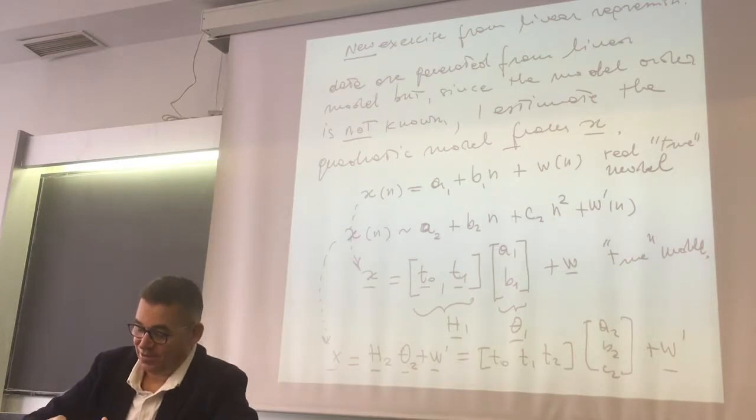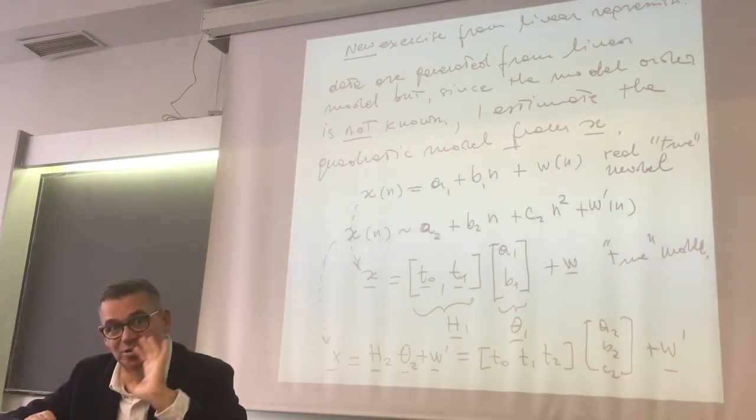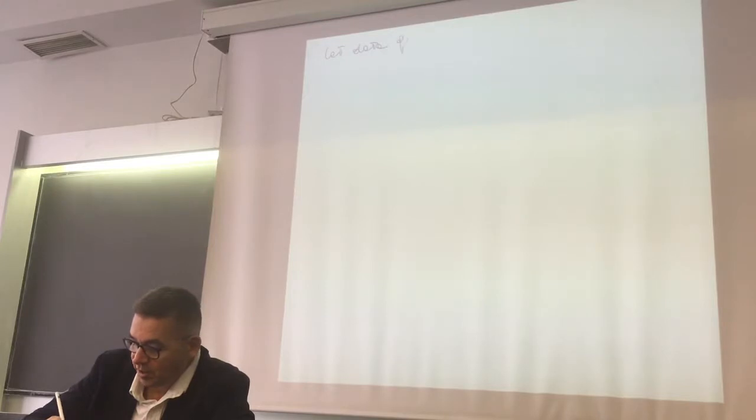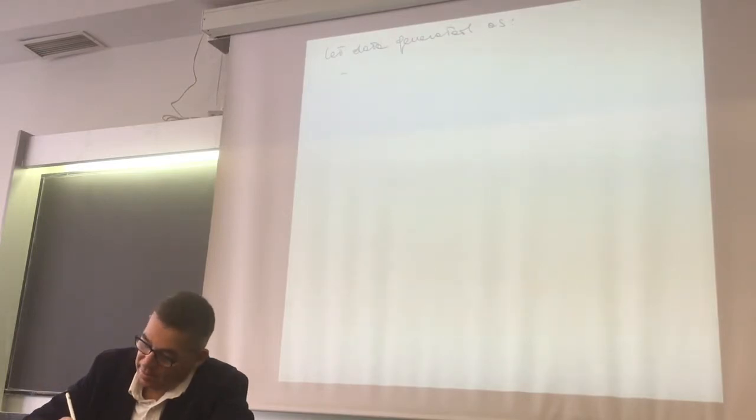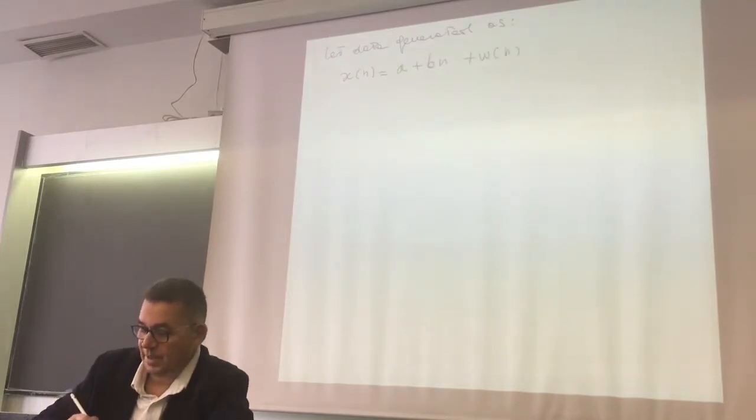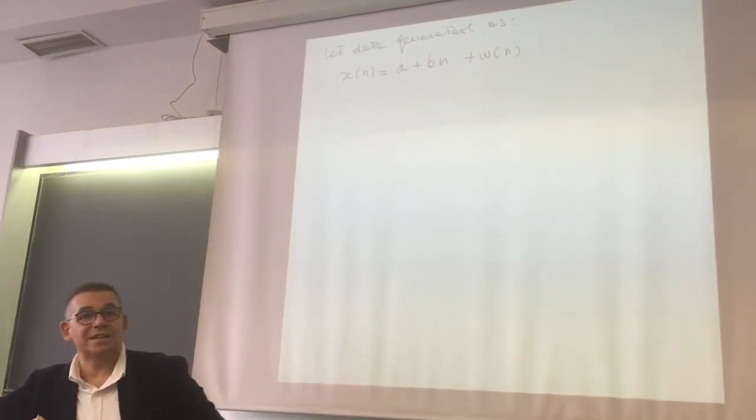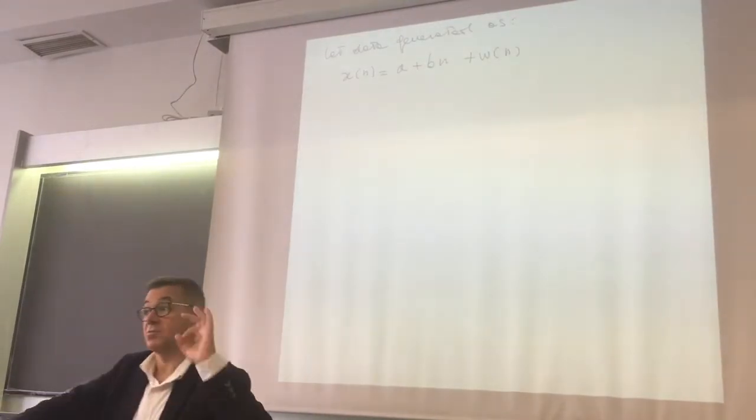Now let's rephrase it slowly. Let the data be generated as x[n] = a + bn + w[n]. This is the data; the data have been generated in this way.